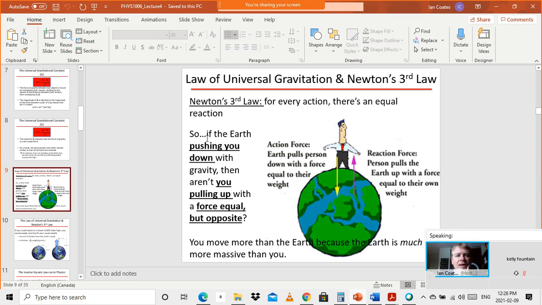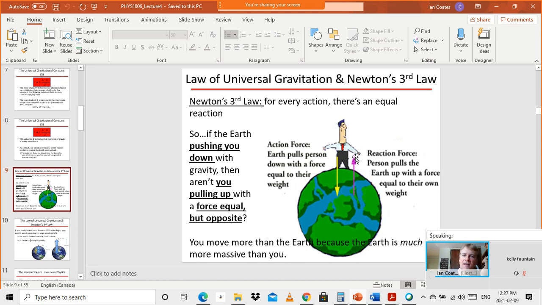If the Earth is pushing us down because of its gravity, Newton's third law says that there's an opposite and equal reaction. So aren't you pulling up with a force equal but opposite? The gravity is pushing you down, and you are pushing yourself up.